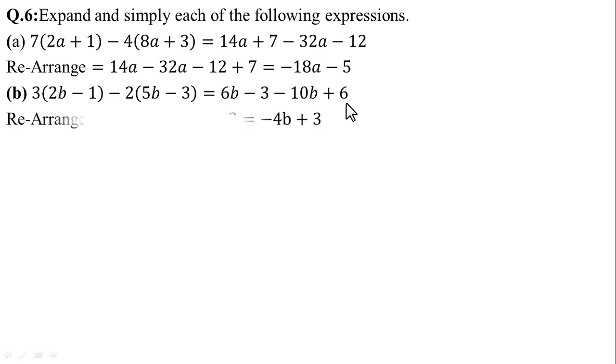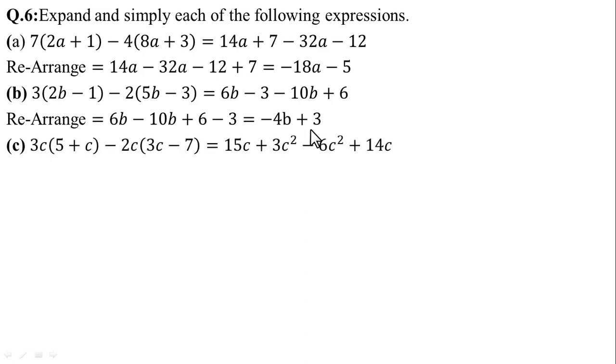Now rearrange the values. We have 6b minus 10b plus 6 minus 3. 6b minus 10b is equal to minus 4b, plus 6 minus 3 is plus 3. So the answer of B part is minus 4b plus 3.